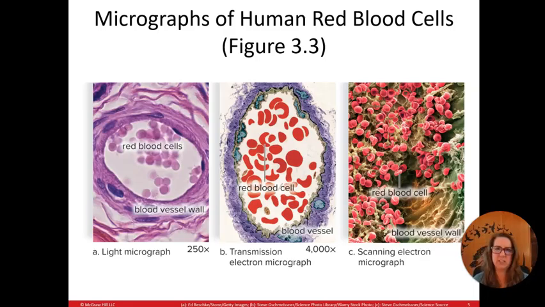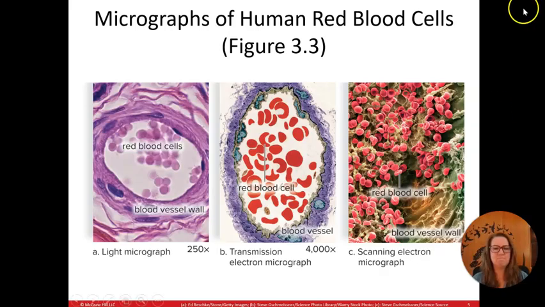Okay, so what we see here is essentially the view through a microscope of human red blood cells. On the far left, this is your normal light microscope, so one you would use in a virtual lab, one that you would use on campus in our labs. The second one is what we call a transmission electron micrograph. It's going to kind of make things pop, and you're going to see some materials like here.